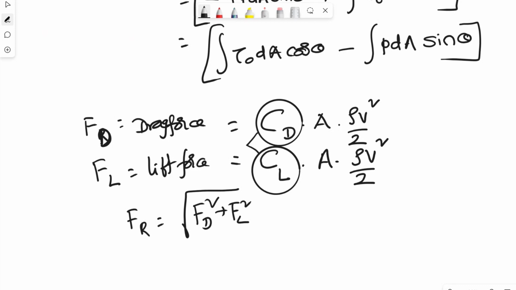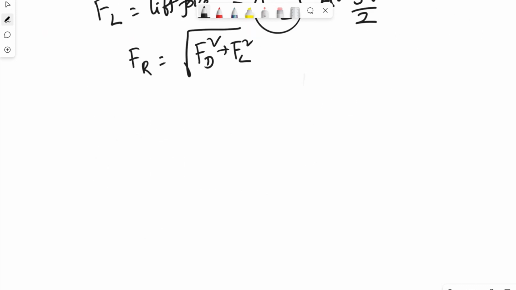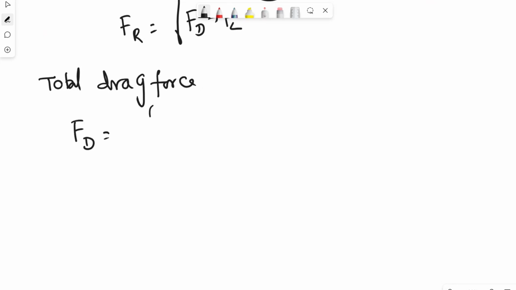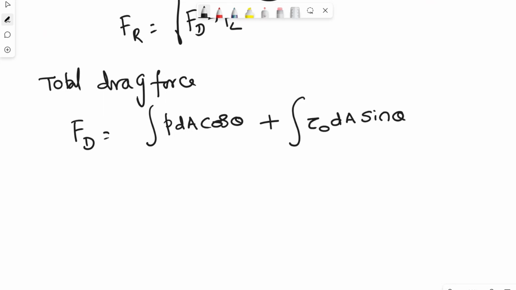Now our main topic here is only to understand what drag force is, what lift force is, and when which one is dominant. So finally, what we have found is the total drag force. Fd is equal to integral P dA cos theta plus integral tau naught dA sin theta. There are two components.